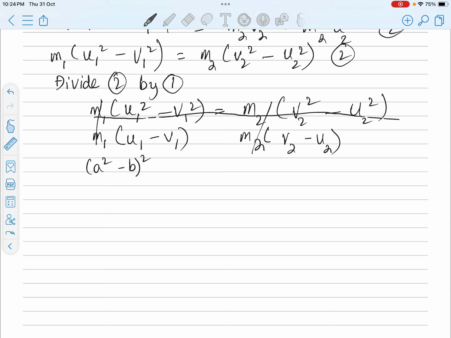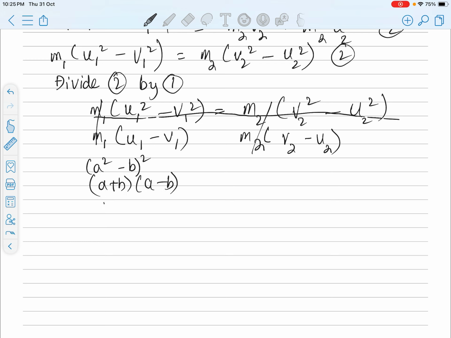Can I write a square minus b square as a plus b and a minus b?